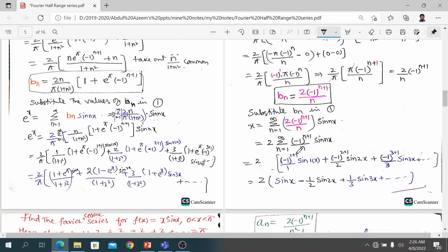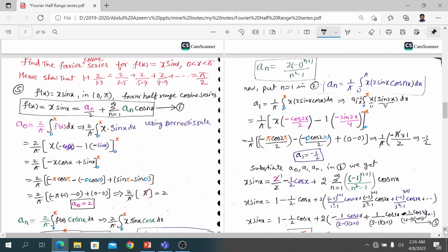So 1 plus 1 is 2, so it becomes positive sin 1x; 2 plus 1 is 3, so minus 1 power of 3, minus 1 by 2 sin 2x, plus 3 plus 1 is 4, minus 1 power of 4, 1 by 3 sin 3x, up to so on. This is the answer.